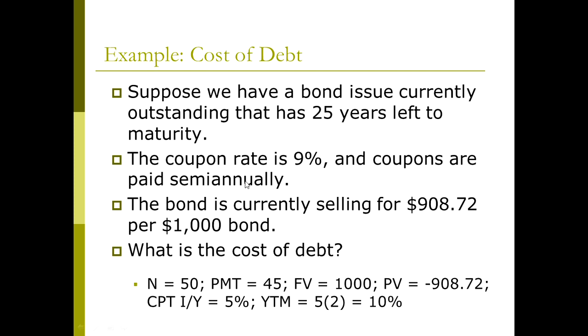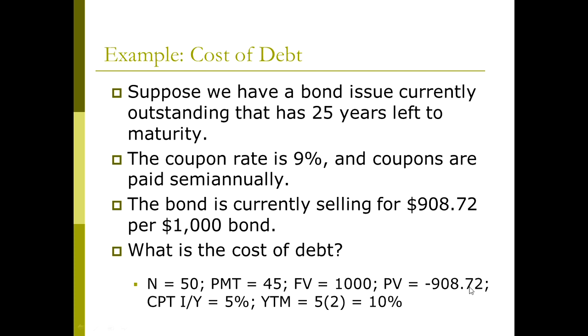Because this is a semi-annual payment bond, the total number of periods is 50 periods. Payment per period: the coupon rate is 9%. Each year you have $90, so half a year you have $45. Future value or the face value of the bond is $1,000. Present value or the price of the bond is $908.